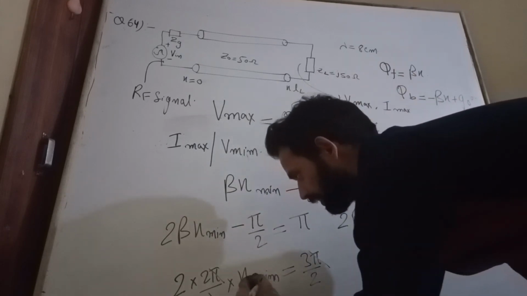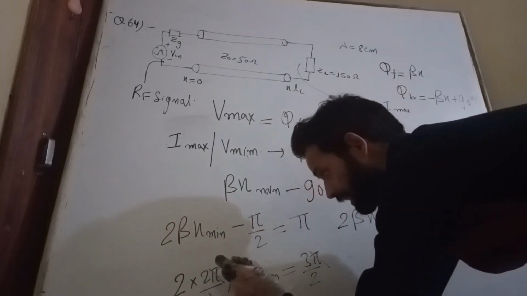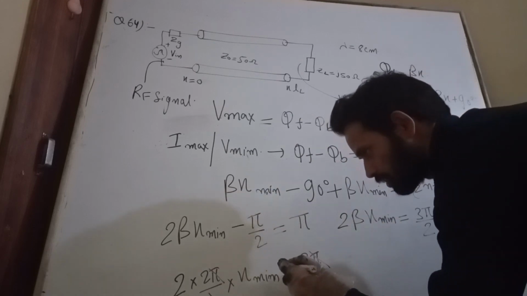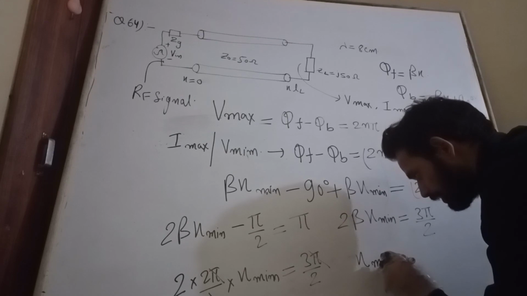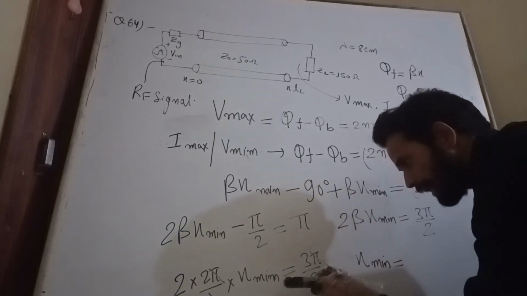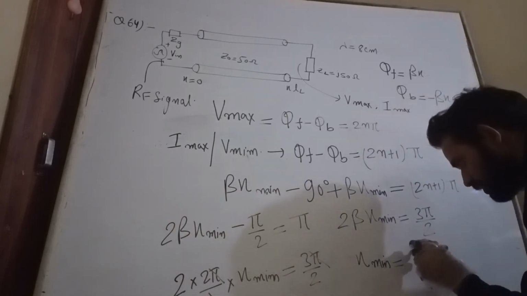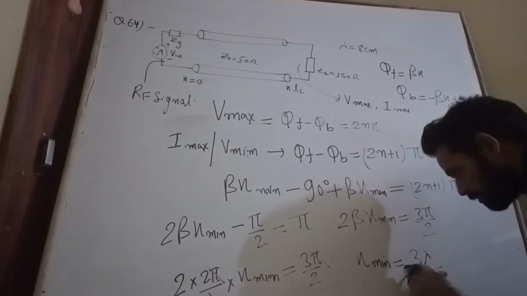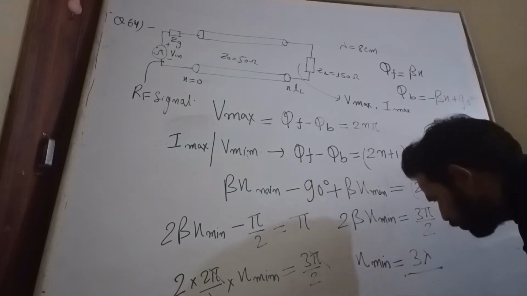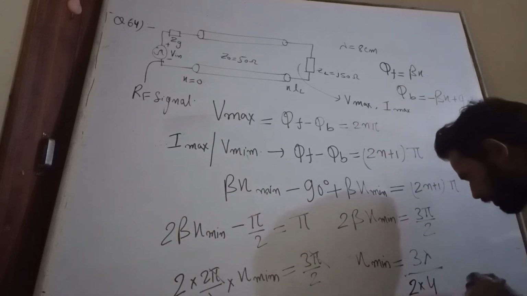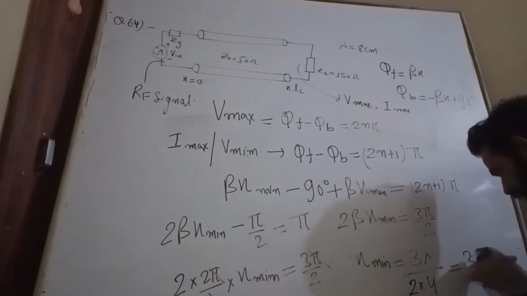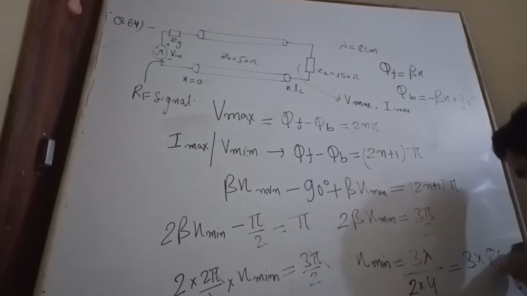So what you will get here? Lambda is 8 centimeter. So this is 4. So x minima, this lambda will come this side, so this is 3 lambda divided by 2 into 4, which is nothing but 3 into lambda, 8 centimeter, divided by 8.